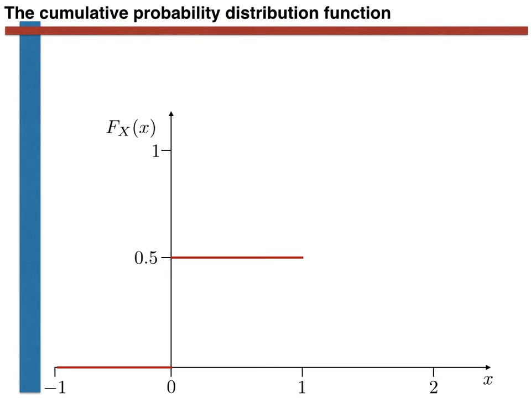Consequently, the function jumps to 1 at x equals 1. Furthermore, the function remains at 1 for all other values of x. The cumulative probability distribution function is illustrated in the figure shown on this slide. The purpose of this video is to now consider what happens when we generate multiple Bernoulli random variables like this one.